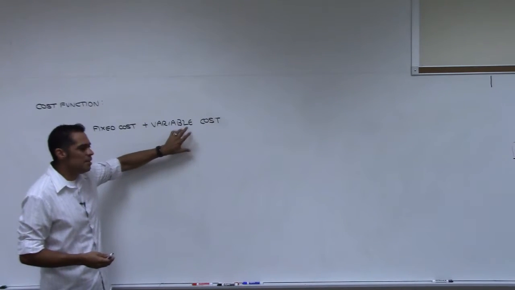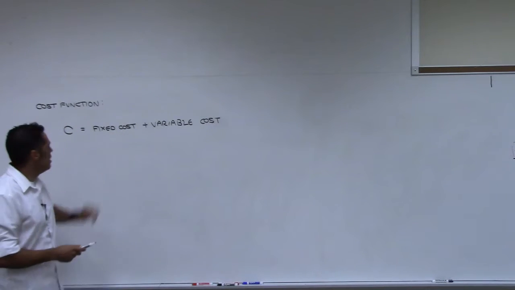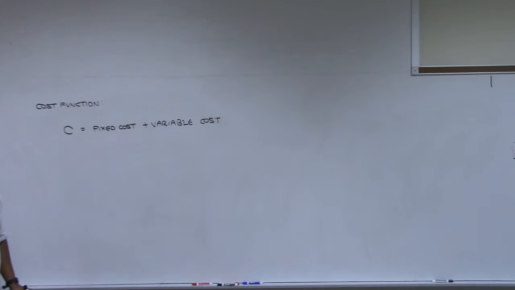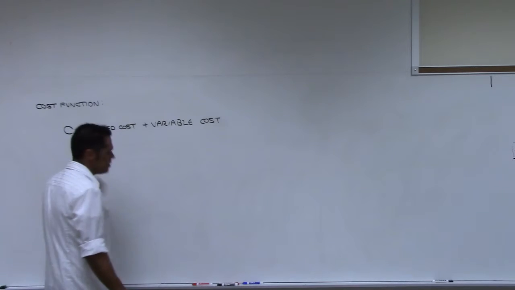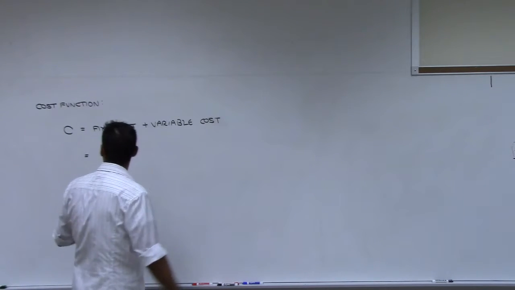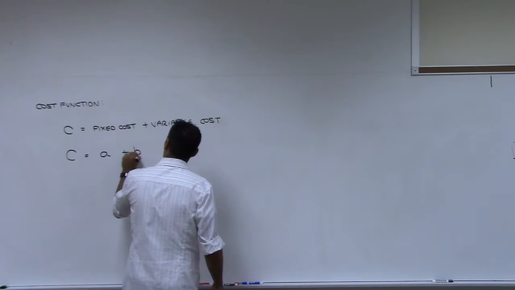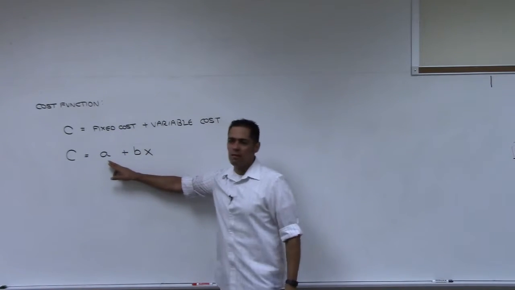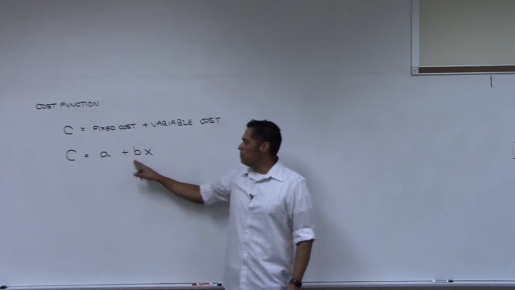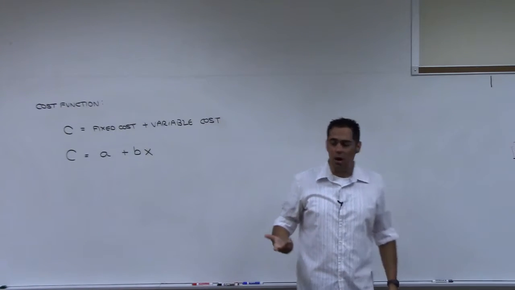So these things change, these things don't, right? So one way we could represent this, and I want to use the same variables that the book does, is cost is equal to A plus BX. So A is our fixed cost, and then B times X is our variable cost.